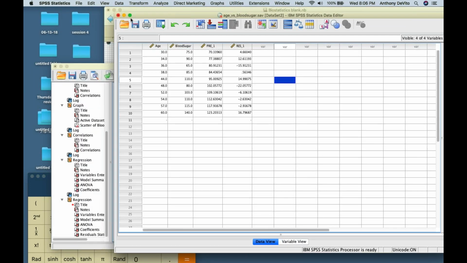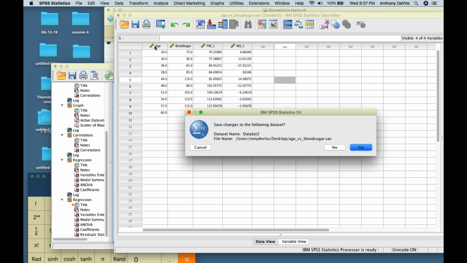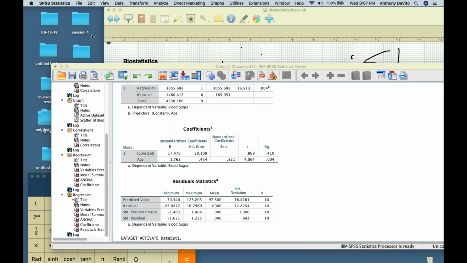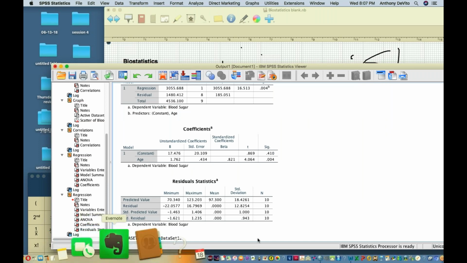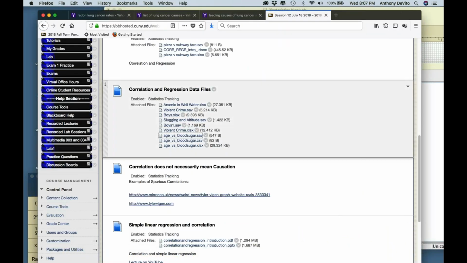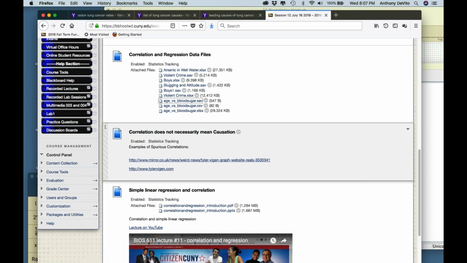Okay, so now let's try another one of these. I'm not going to close that, I'll just minimize it. Let's go back to Blackboard and see if I have another one that we can use. Okay, let's download the SAV version of this database called Violent Crime.